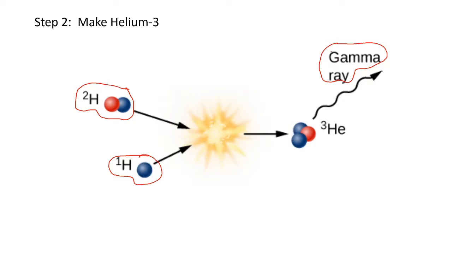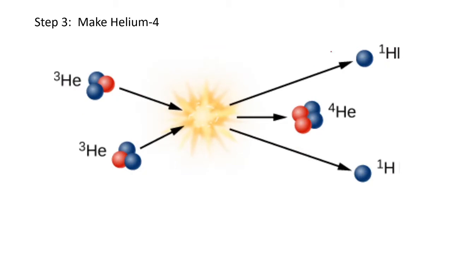So we got neutrinos and gamma rays as important byproducts. And then we could take two of those helium-3s and make helium-4. Helium-4 is the more common, stable form of helium, and you actually get a couple extra hydrogens released in the process. So as I said, we're going to simplify this a little bit in the next slide.